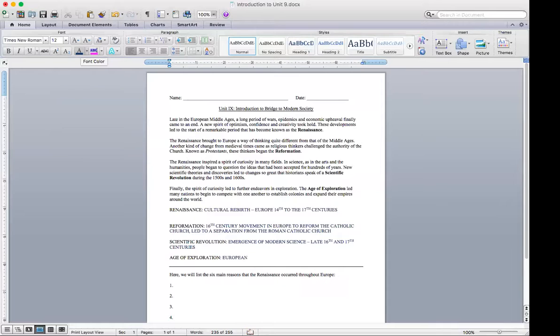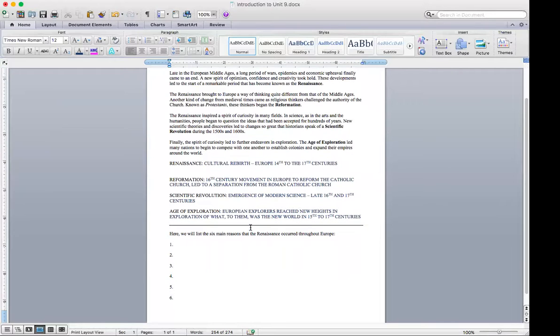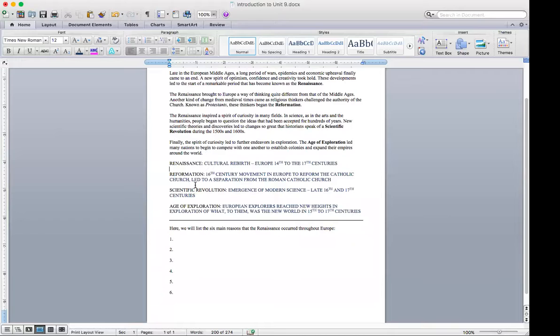The European explorers during this time reached new heights in exploration of what to them was the New World in the 15th to 17th centuries. So these 4 pieces of the bridge to modern society bring us out of those medieval times and into what we know as and believe to be the modern world.